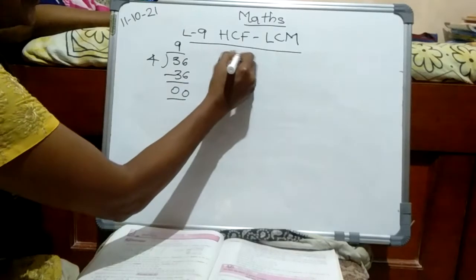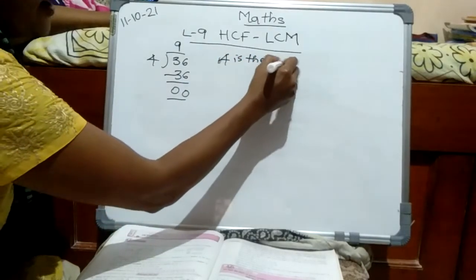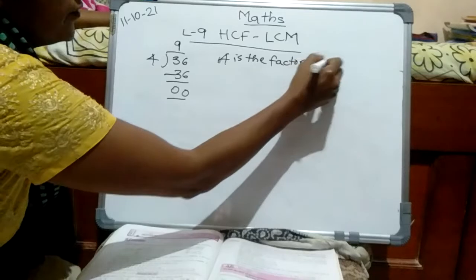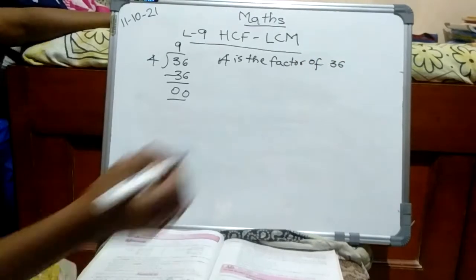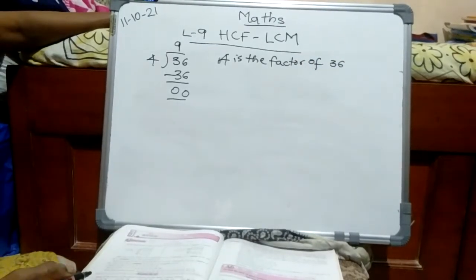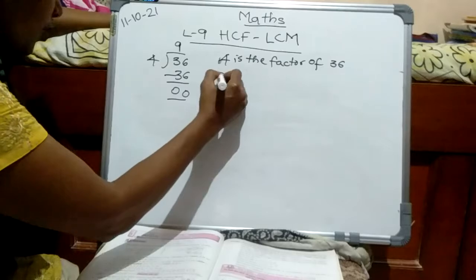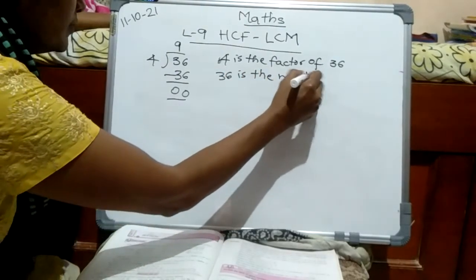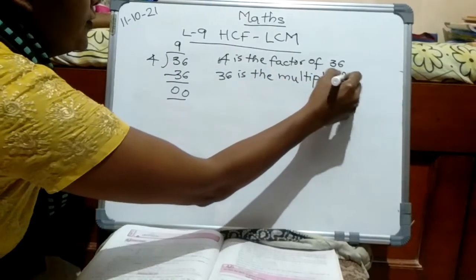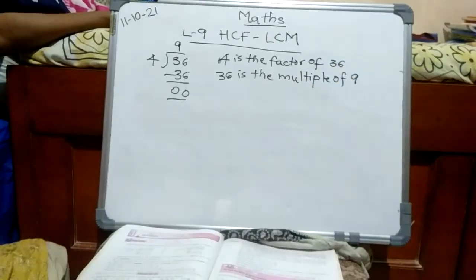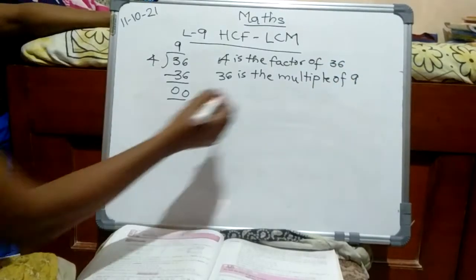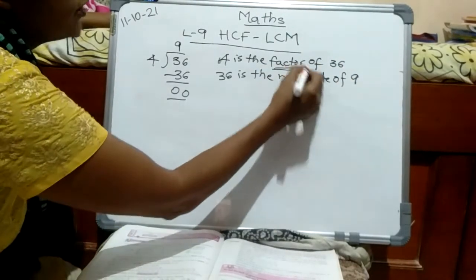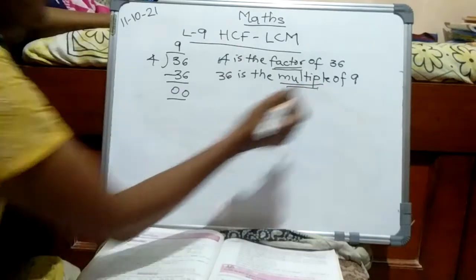Write it. 4 is a factor of 36, and 36 is a multiple of 9. Is that clear? So here we have understood the concept of factor and multiple.